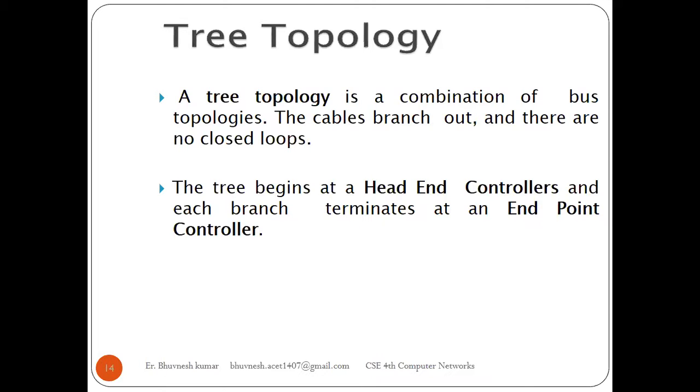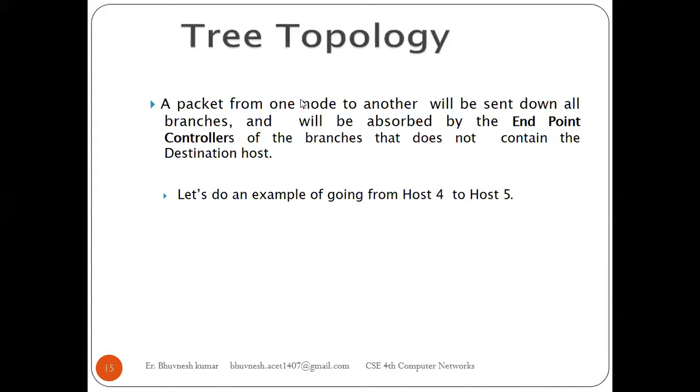The tree begins at a head end controller and each branch terminates at an endpoint controller. There is a head controller and there is also an endpoint controller. In your tree topology, a packet from one node to another will be sent down all branches and will be absorbed by the endpoint controller of the branches that do not contain the destination host.